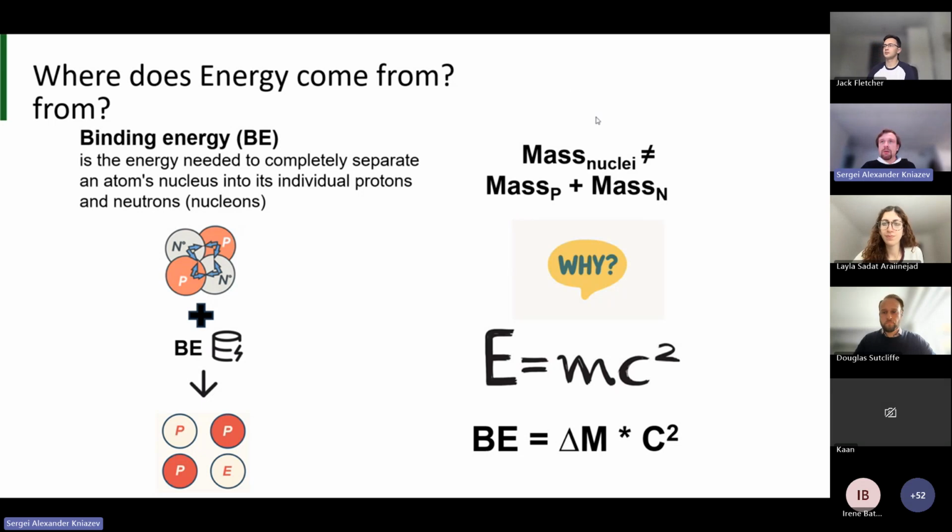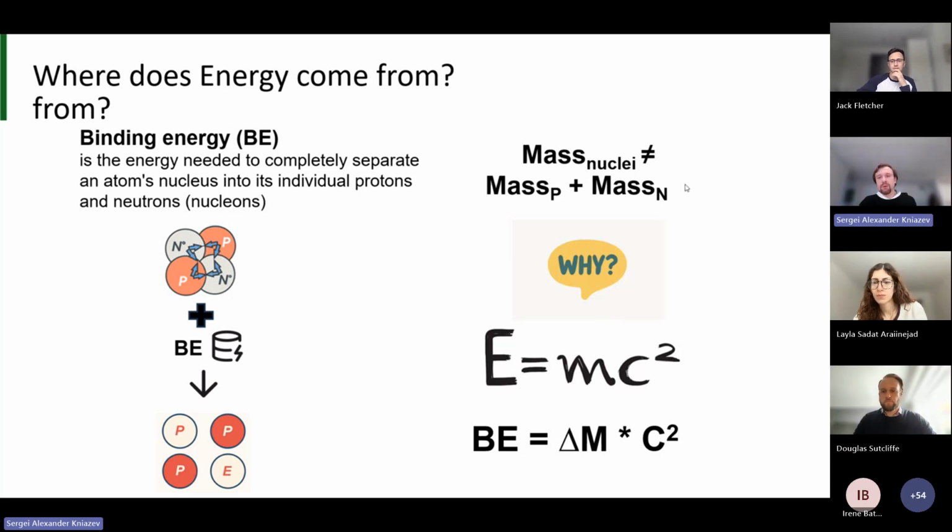And here we come to one of the main concepts, coming from the famous Einstein formula, E equals mc squared: the mass of a nucleus doesn't equal the sum of the individual masses of protons and neutrons. This difference is called the mass defect, and the missing part hasn't disappeared.